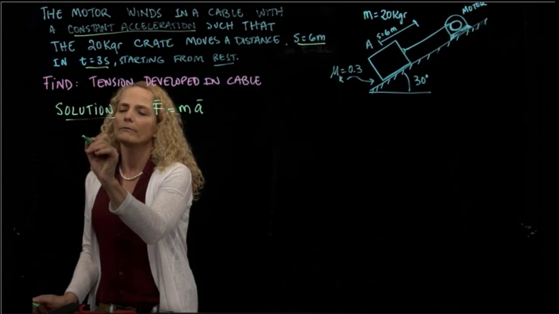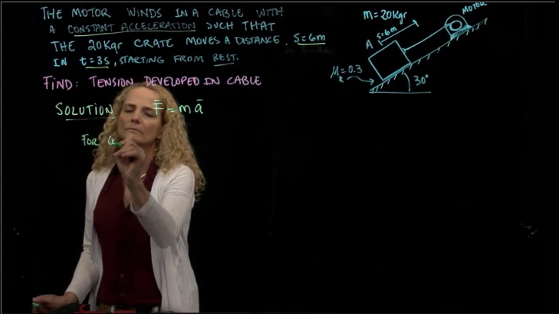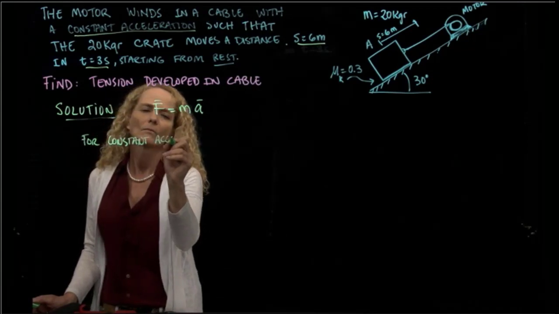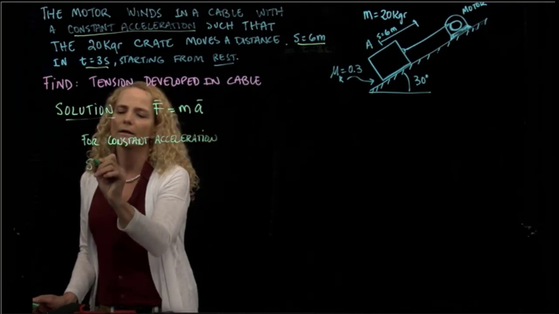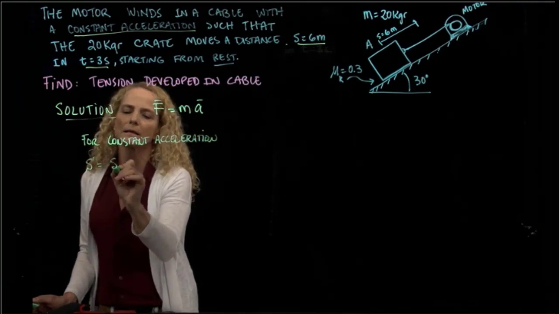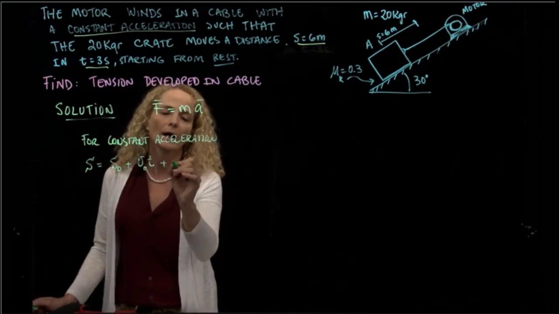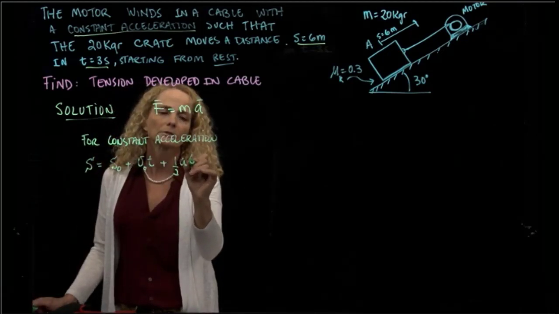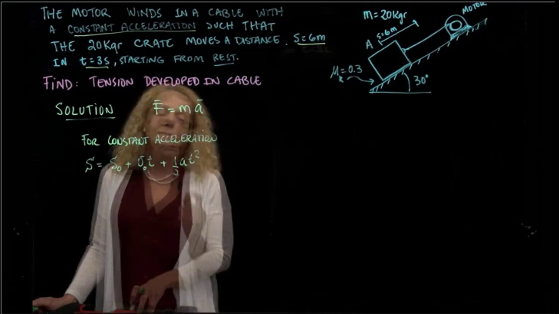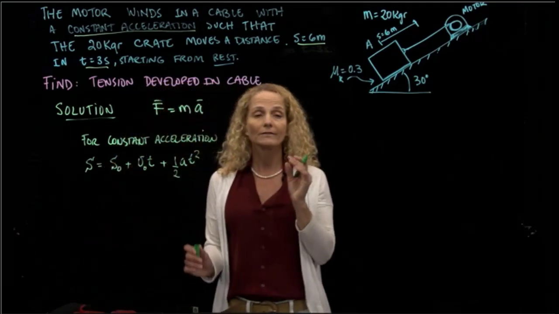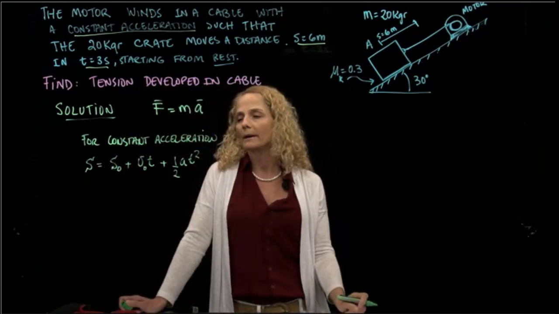So for constant acceleration, we know that our distance is initial distance plus initial velocity times t plus 1/2 acceleration times t squared. This equation is only valid for constant acceleration.